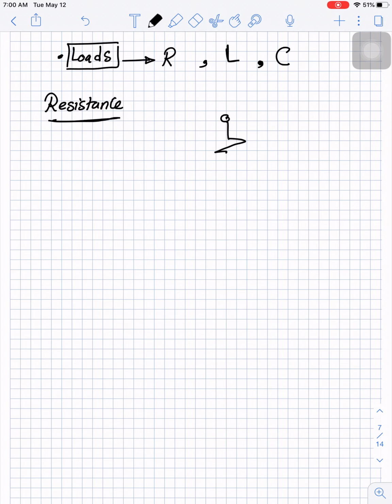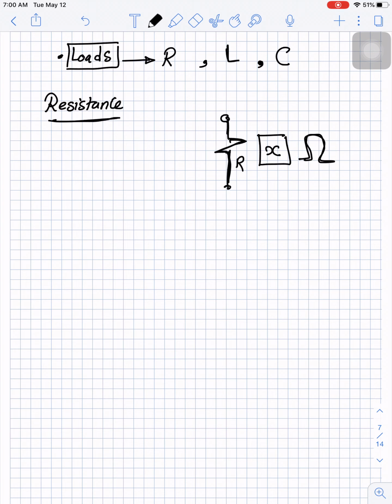We use this symbol to represent a resistance. And you will be given a value for this resistance, and the unit for this value is ohm. So this is the resistance R.